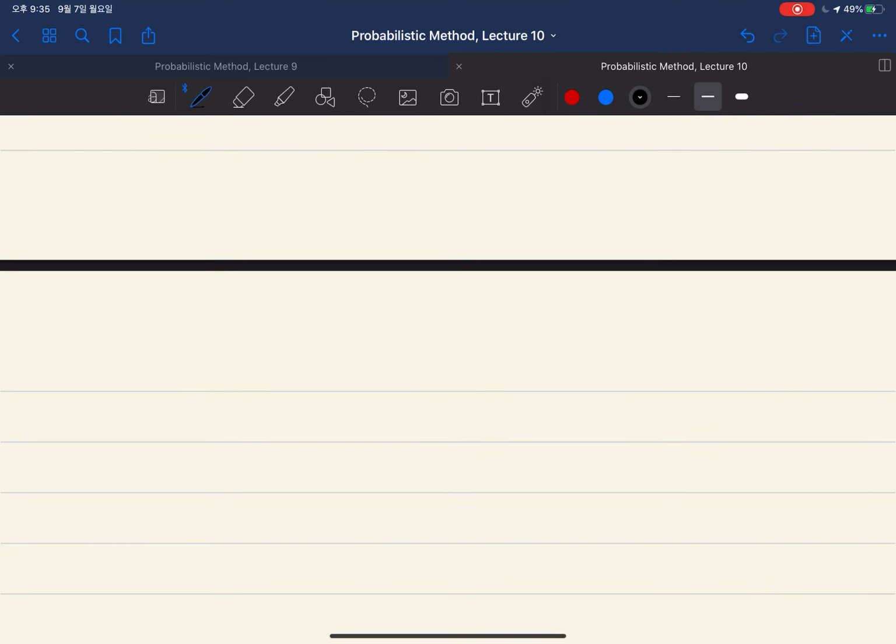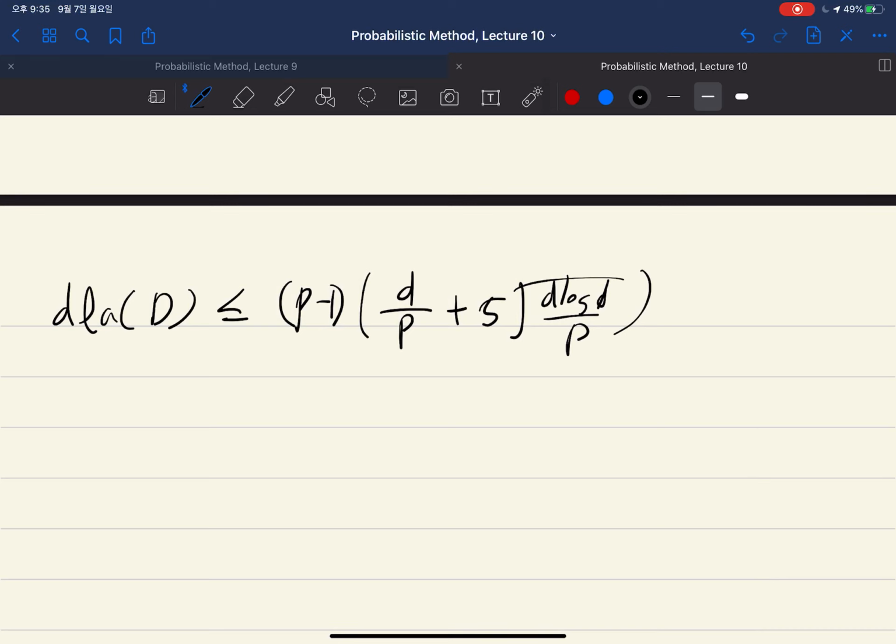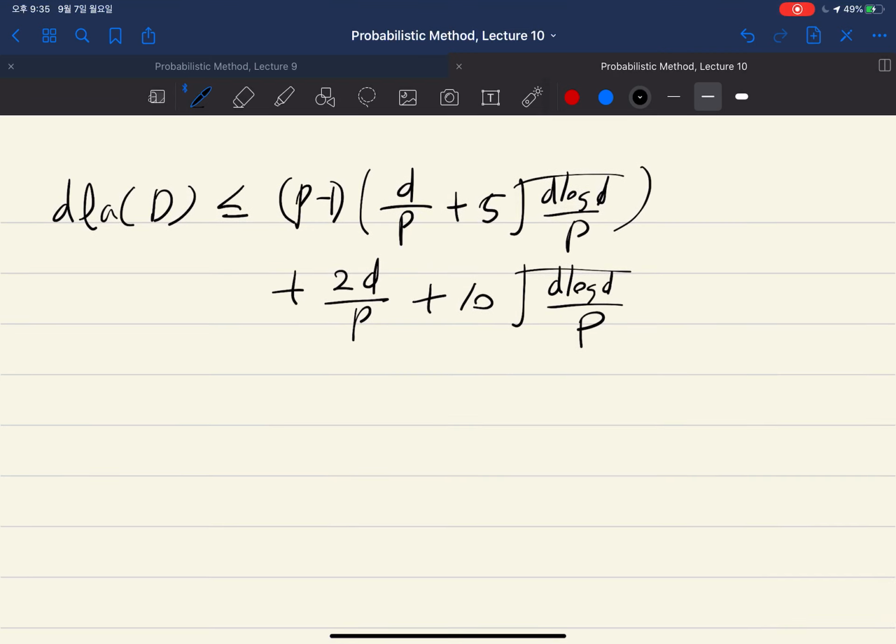So in sum, how many directed linear forests does D decompose into? You have p minus 1 times d over p plus 5 square root of d log d over p, plus 2d over p plus 10 square root of d log d over p, plus say p minus 1, because here I forgot to write 1.